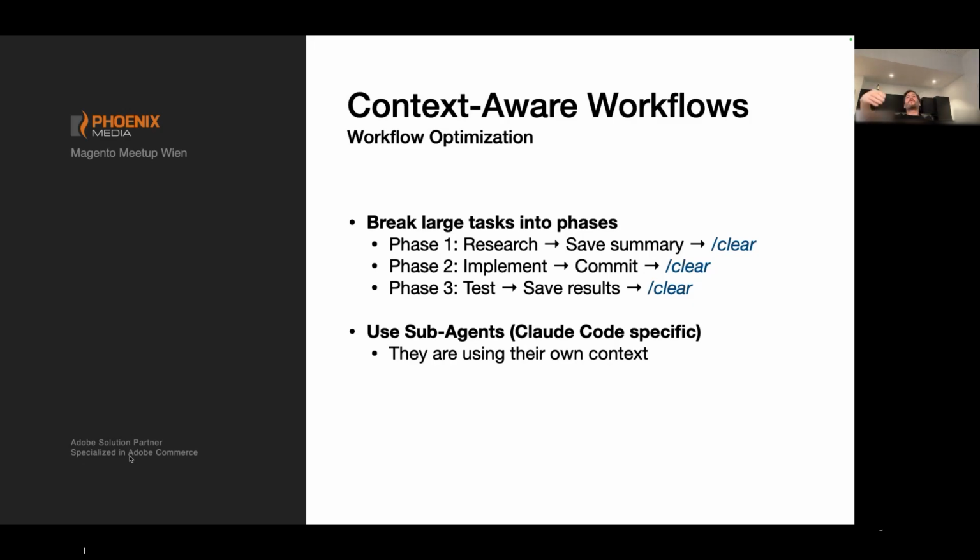And since it's trained on a certain task, it also does it better than your main context, because I trained it with a prompt to a specific task and it's good at that. It's following rules you provided, and so there are a lot of benefits using sub agents in Claude Code, apart from the fact that they have their own context.